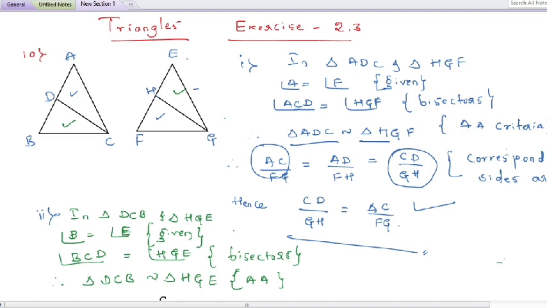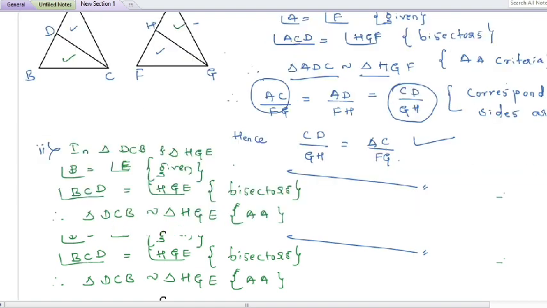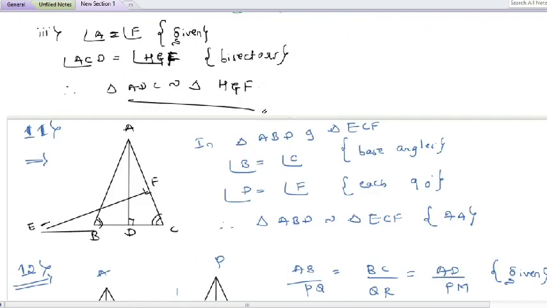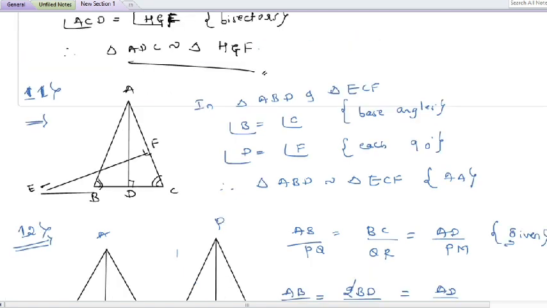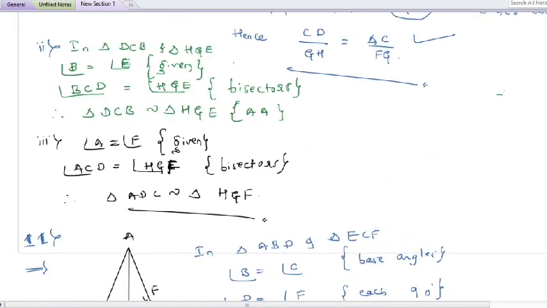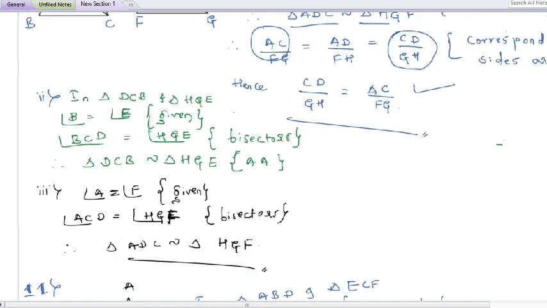Angle BCD is equal to angle HGE, bisectors. Therefore, triangle DCB is similar to triangle HGE according to AA criteria. Similarly, the third one is also similar.